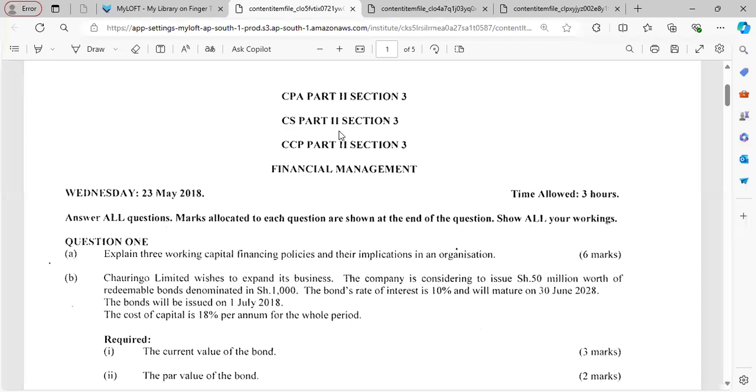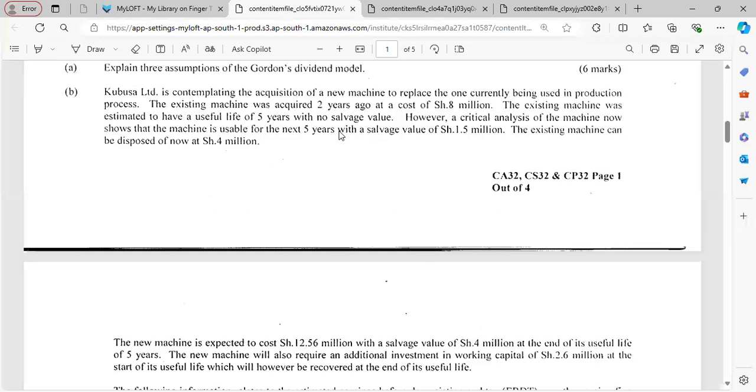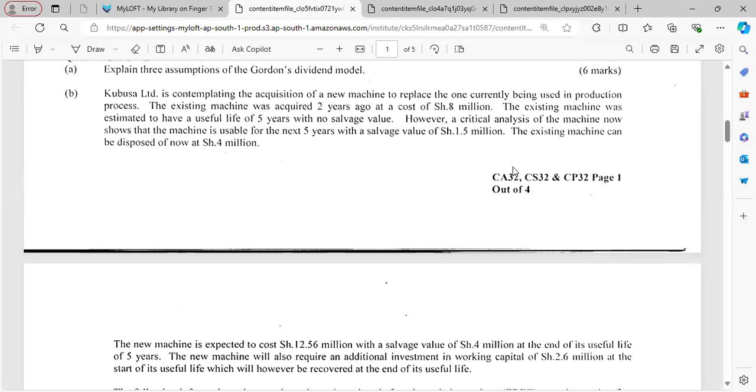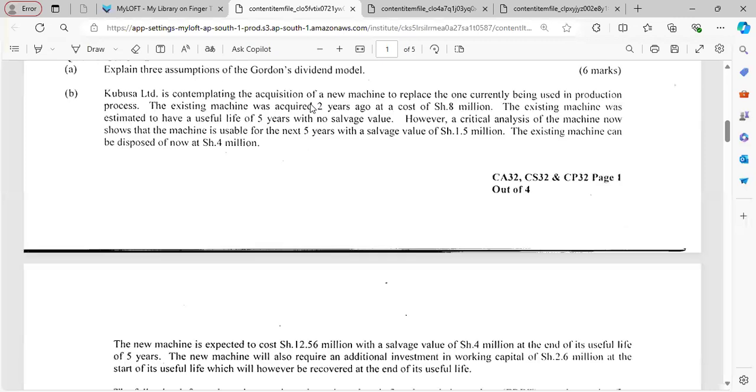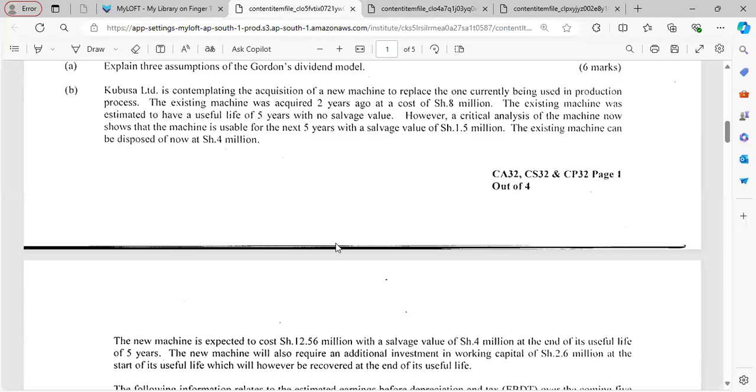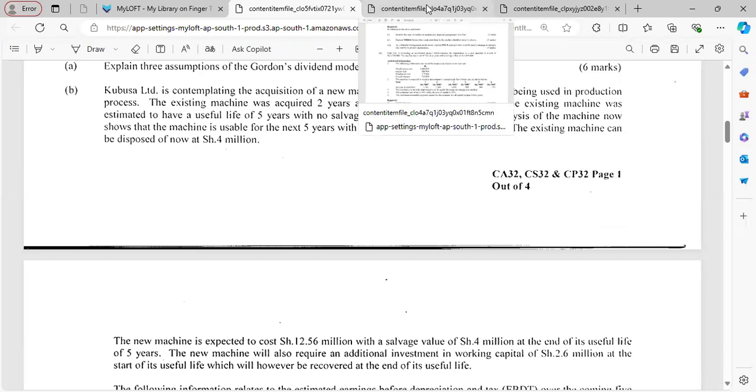Now, there is a question here which is a different set from whatever we have learned. CK, you can read for us, unless you have issues with your network. Question 2B, May 2018.